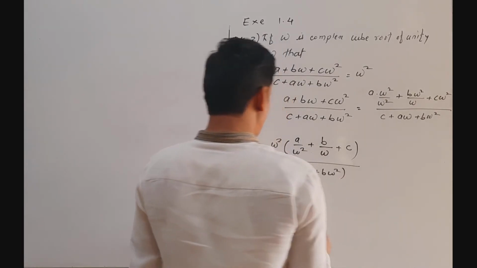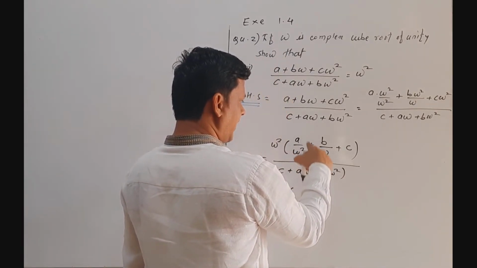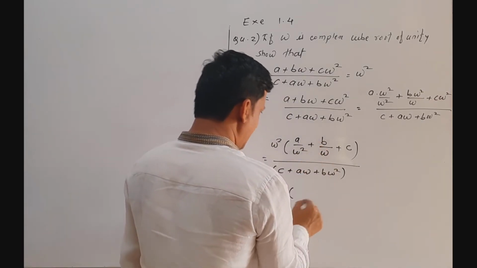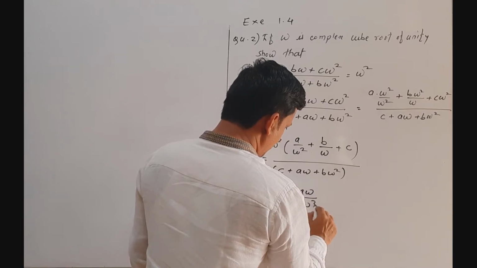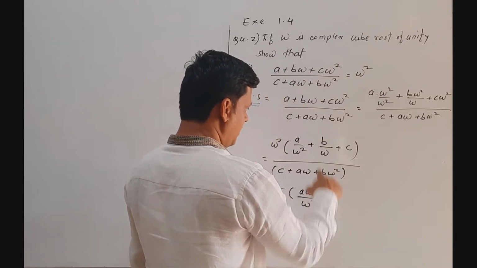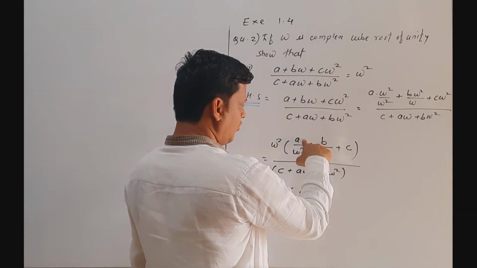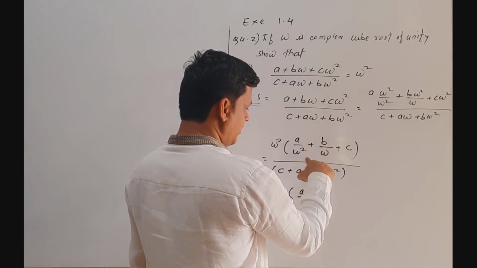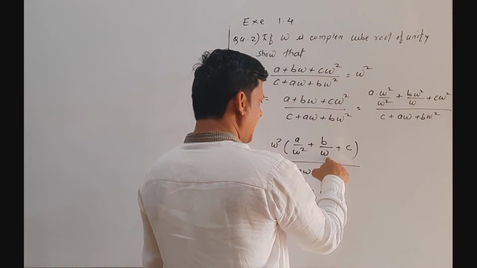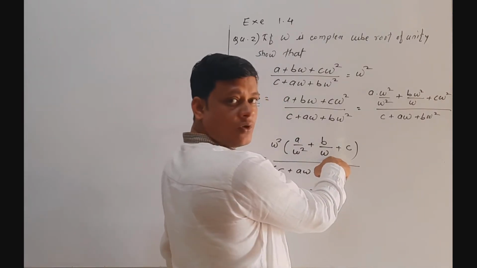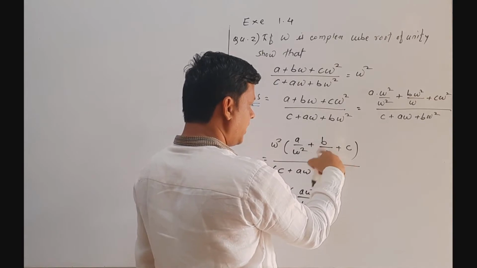So we multiply and divide this first term by omega, so we get A omega upon omega cube. In the numerator we get A omega, in the denominator omega square into omega, we write omega cube. Plus here we have to multiply and divide by omega square because we require one here.